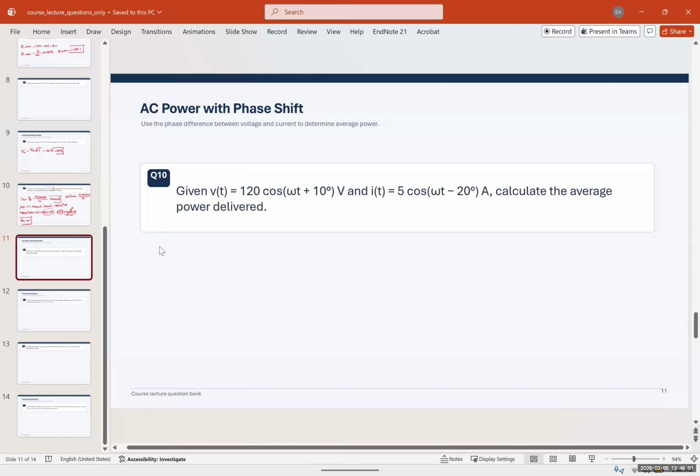Now in this particular situation, there is a phase shift between the voltage and the current. So the system could be lagging or leading. When we have a phase shift, we're going to have a different average power.